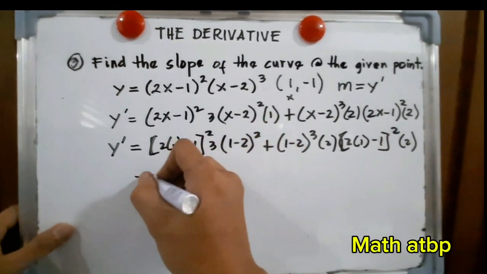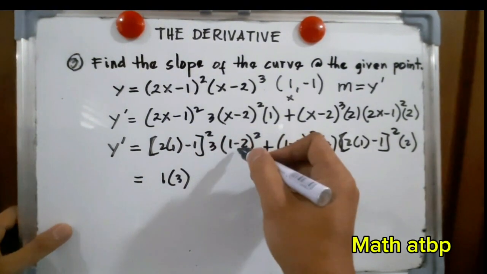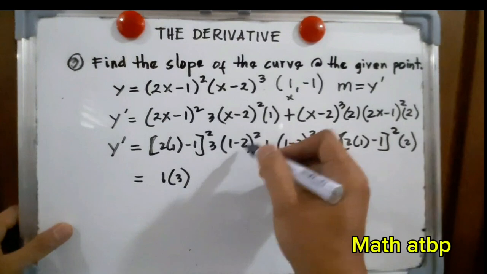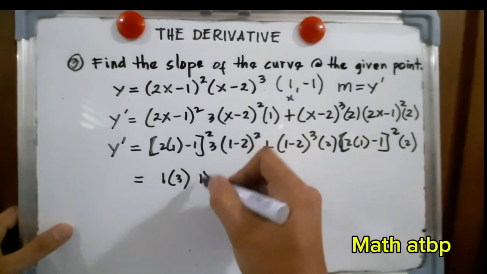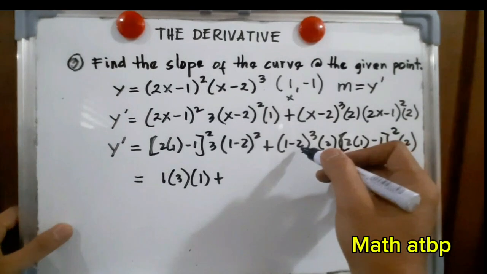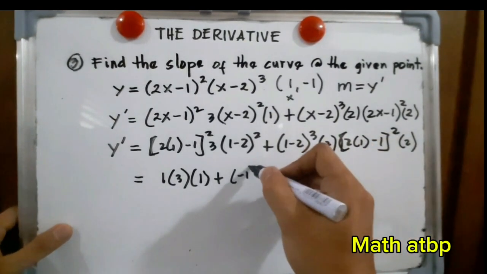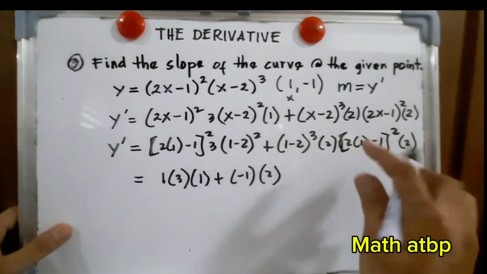So we have here 1 times 3. 1 minus 2 is negative 1 squared, that is positive 1, plus 1 minus 2 is negative 1. Negative 1 cubed is negative 1 times 2.